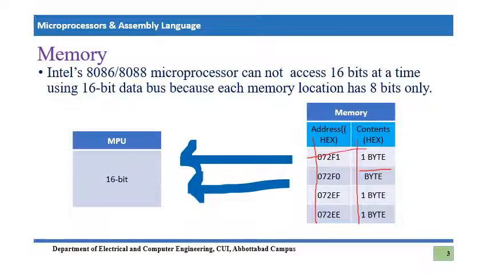You can see that only these two locations are being fetched by the microprocessor. This is how the microprocessor accesses two locations at the same time, and each of those locations has 1 byte of information.